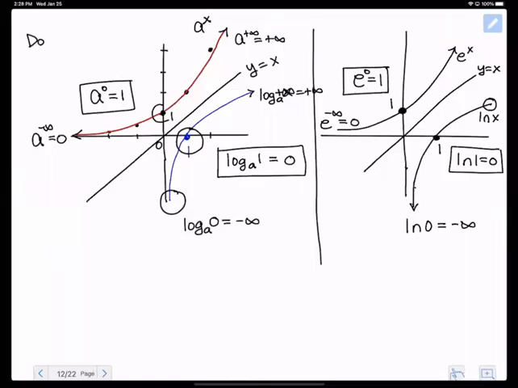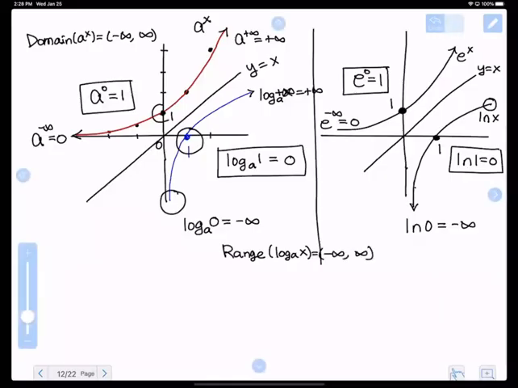Domain of a to the x is all real numbers. Range of log base a of x is all real numbers. See, domain and range changed. The range of a to the x is 0 to infinity.